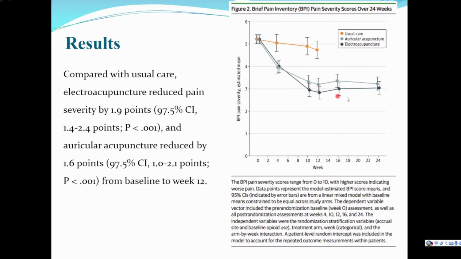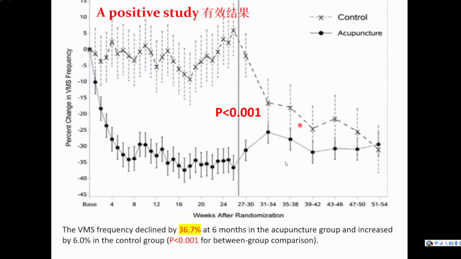Another study is the HeartFresh study. There is 36% improvement for the acupuncture group, but in the no treatment group, no improvement. So this study was considered positive because it has no sham control acupuncture, only a comparison to the no treatment group.